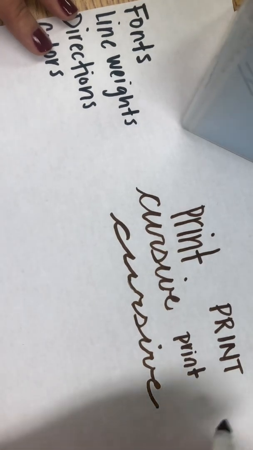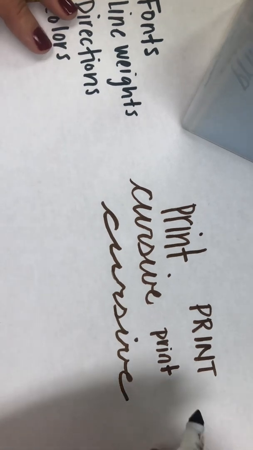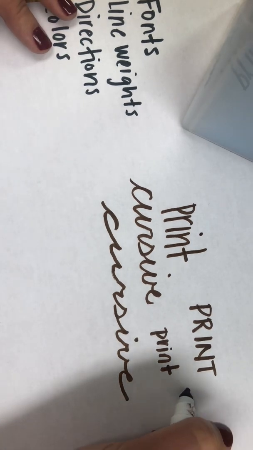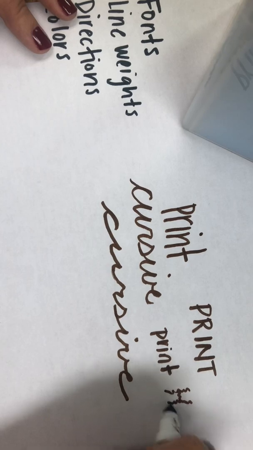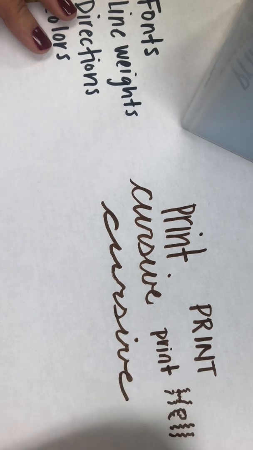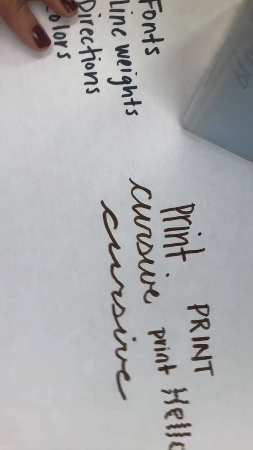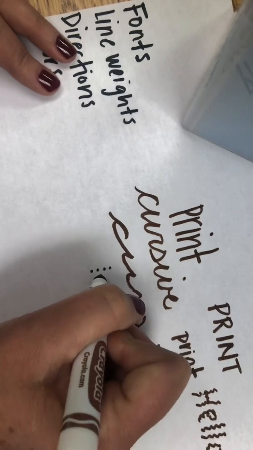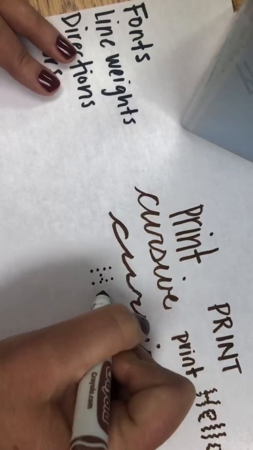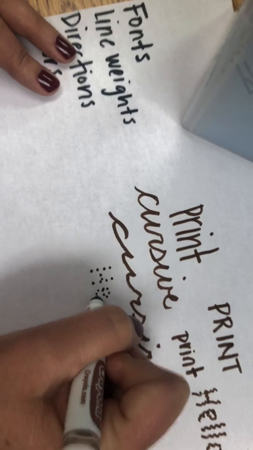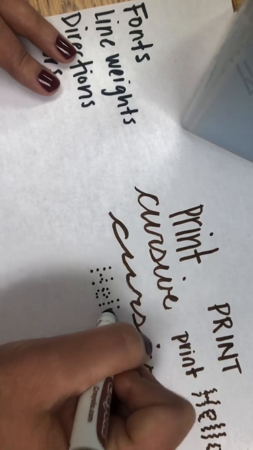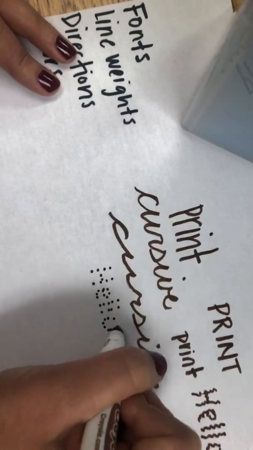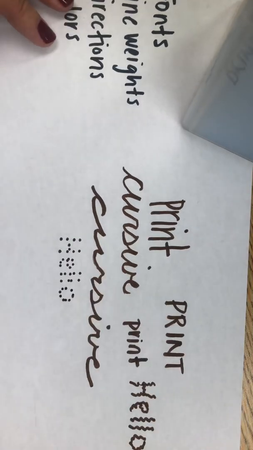Okay, maybe I want to make it doing something in like a spooky kind of zigzag. Or maybe I want to do it in all dots. So that's what I mean when I say different fonts, making it look interesting in different ways.